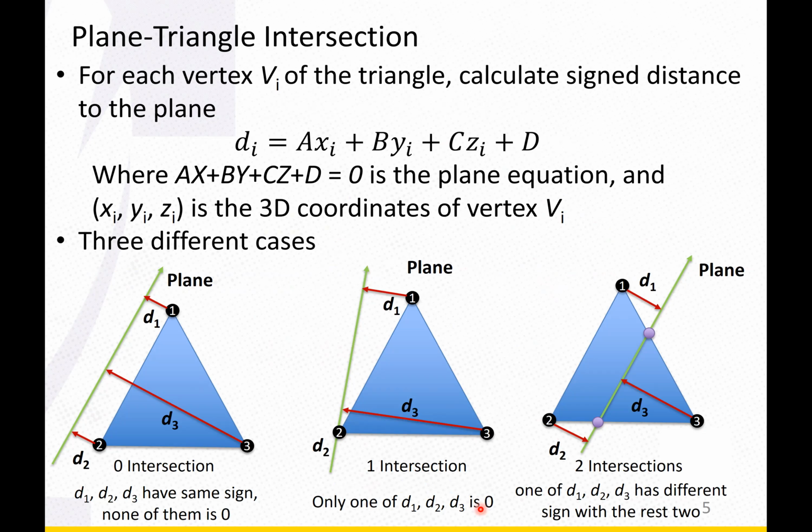And another case happens if you want really small layer thickness. That means you will increase the number of cutting planes a lot. And with the increasing number of cutting planes, you will have more plane-triangle intersections to compute.